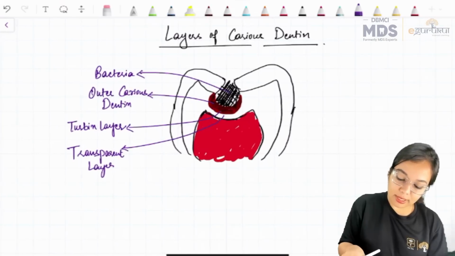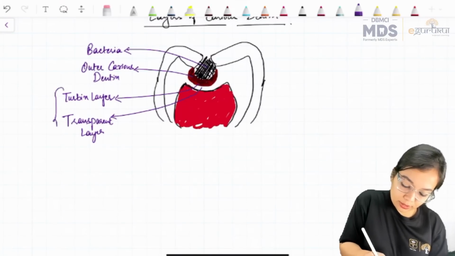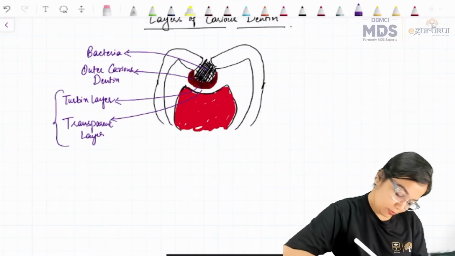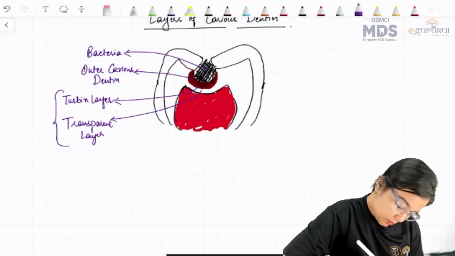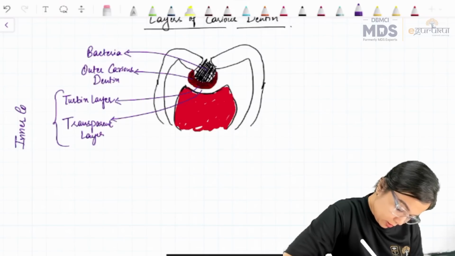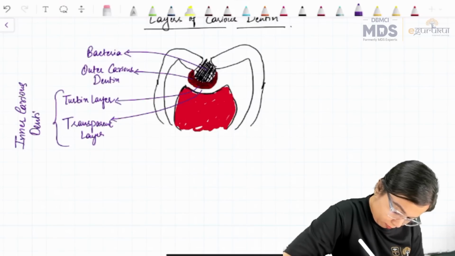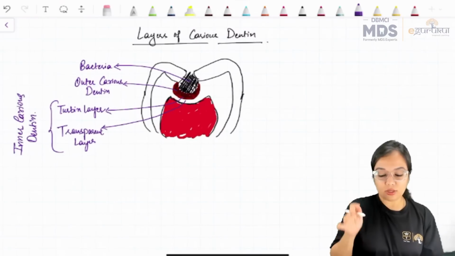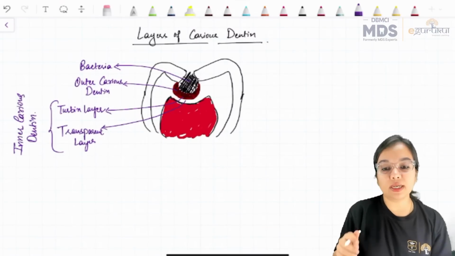The turbid layer and the transparent layer together make the inner carious dentine.